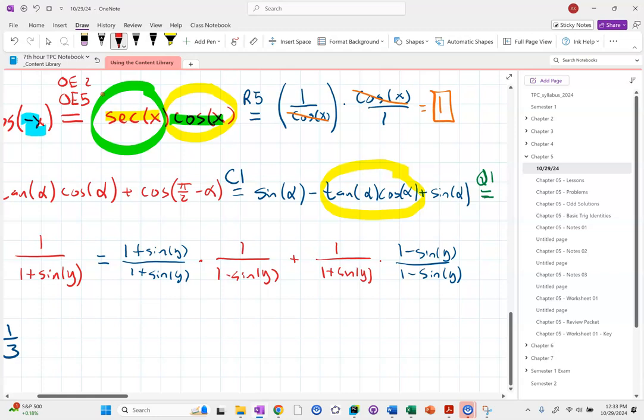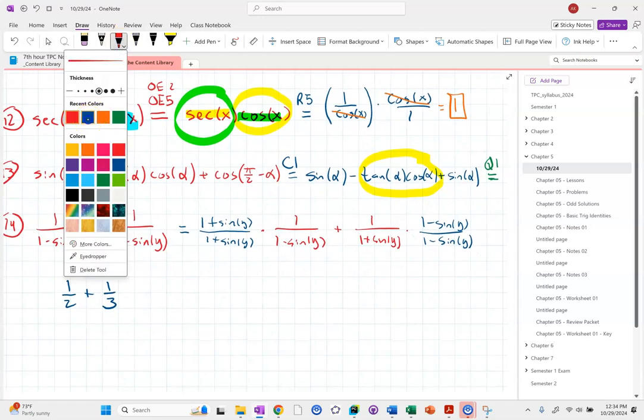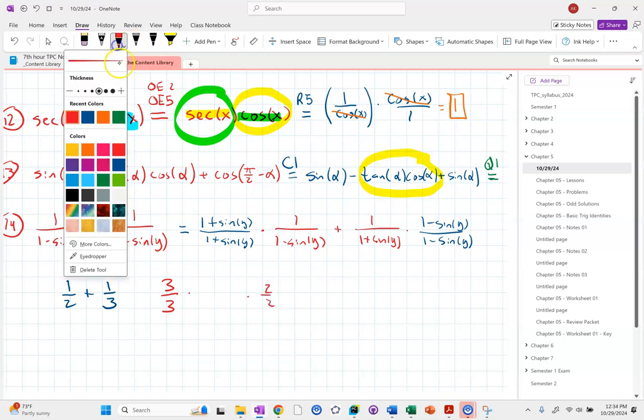Feel okay? No? Why not? What's holding you up? Okay, I will grant you that. Yeah. It's the same idea down here, right? We did like 3 over 3 times 1/2, and then like 2 over 2 times the 1/3.